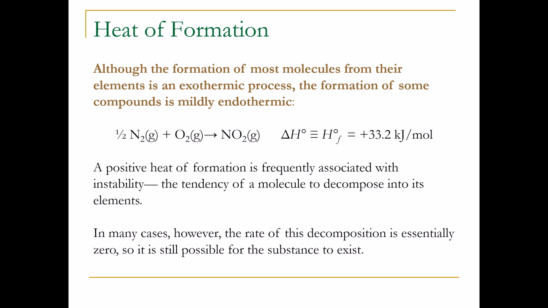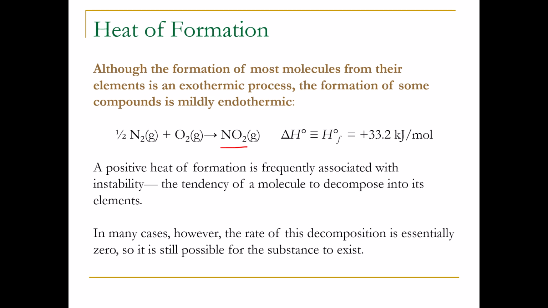Sometimes that decomposition has a near zero rate, so those compounds can still exist. So this is an example of one of those. So NO2, of course, is a compound that does exist. It does have an odd number of electrons, so it's what we call a radical. And it has a positive heat of formation value, indicating it's not all that stable.